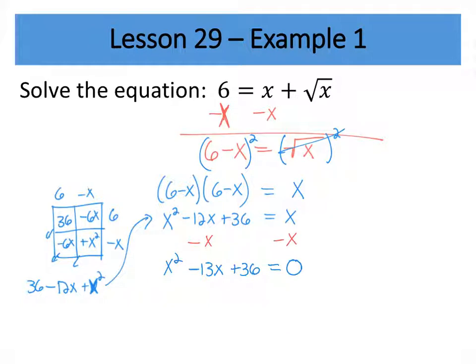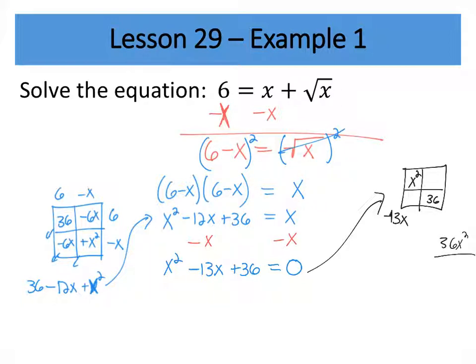So when I have this, we know how to do this. I've got to factor this. All I'm doing from here is factoring. So I've got x squared and 36. The diagonal has to add to negative 13x. The diagonal multiplies to 36x squared.